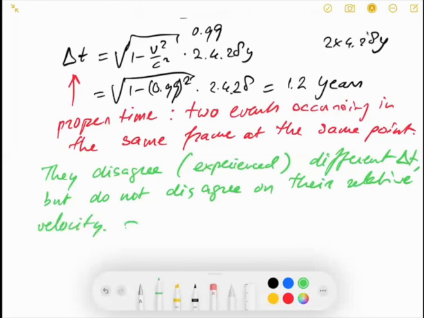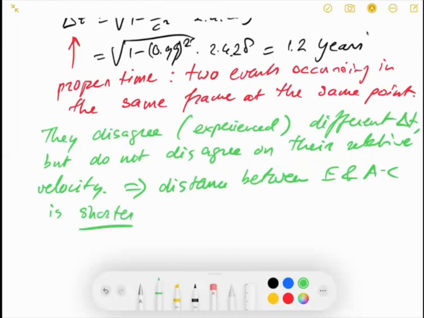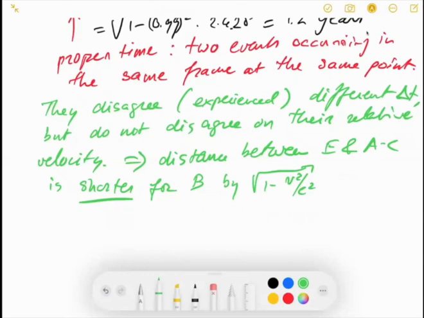So therefore, the distance between Earth and Alpha Centauri is shorter for B by that same factor, and it also means that the spaceship is shorter, right?